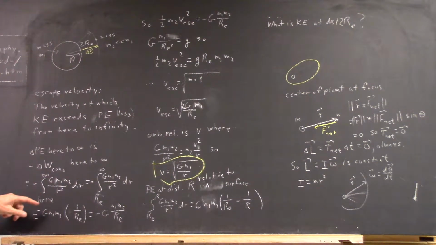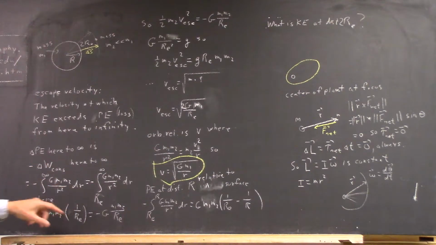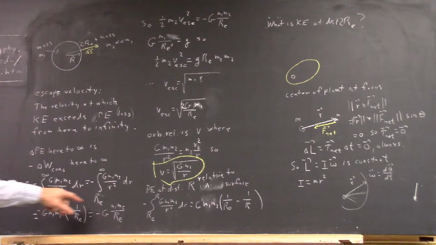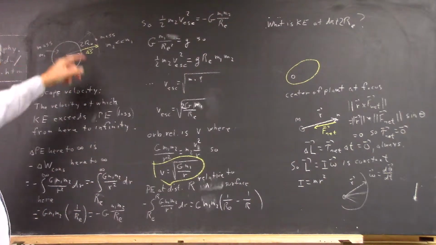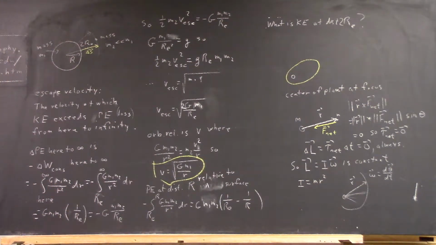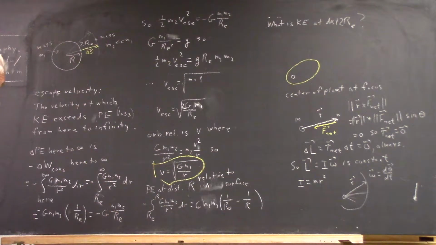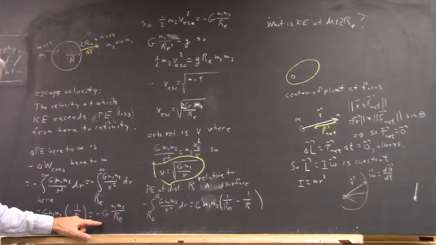which is very easily done. We just do the integral of negative big G m1 m2 over r squared dr from here to infinity. And if here is the surface of the planet, and let's say this is the Earth, but it doesn't have to be, so I'll use r sub e for the radius of the Earth. Here's our integral, and we calculate the integral and we get this.